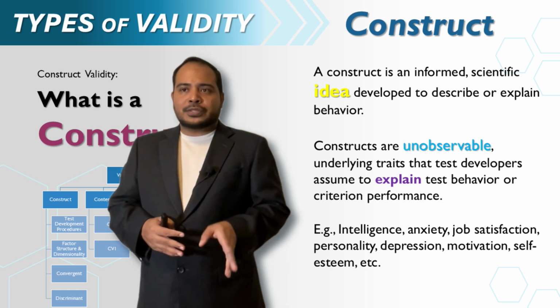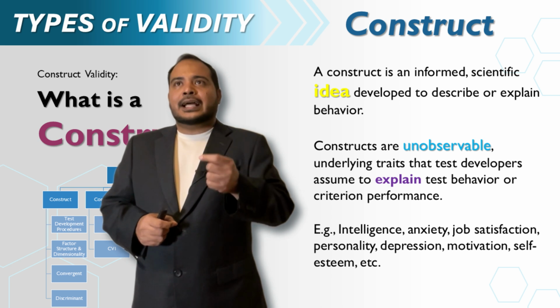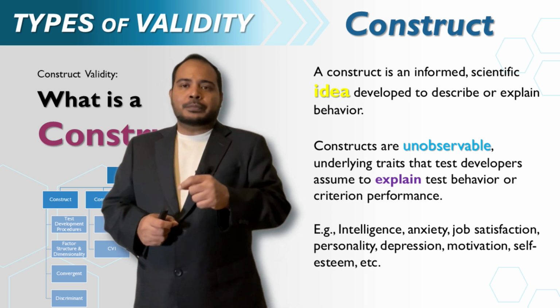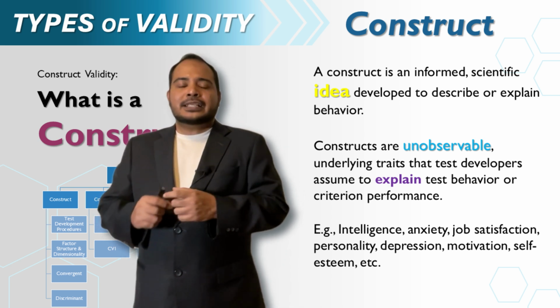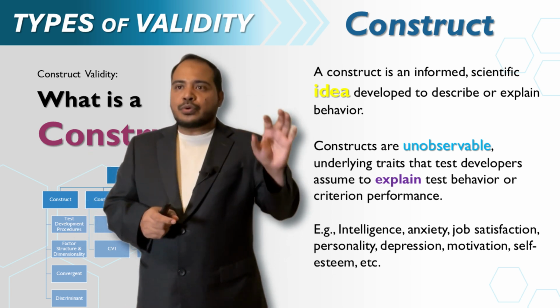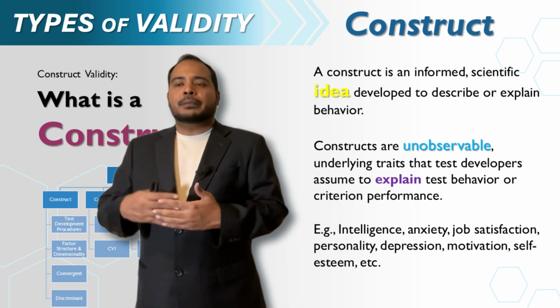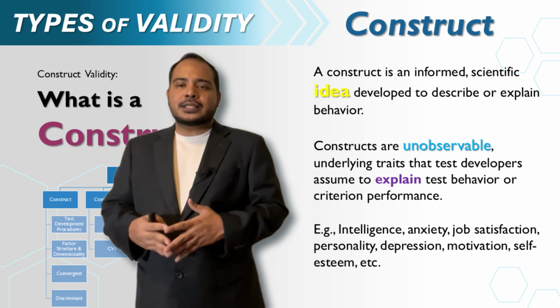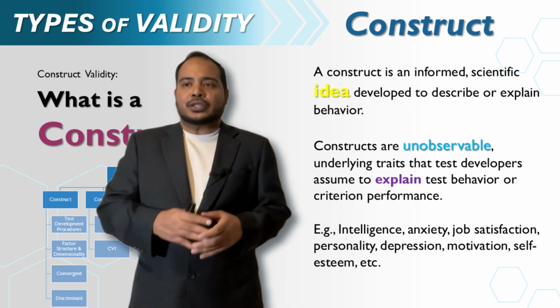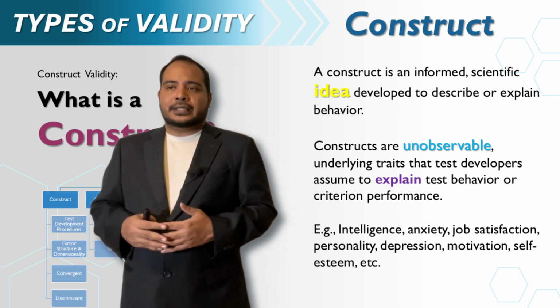Constructs are unobservable because they are abstract concepts. They are underlying traits that human beings possess, but test developers assume that we can explain those underlying traits based on test behavior, based on the performance of our respondents on the test score, or based on the criterion performance.